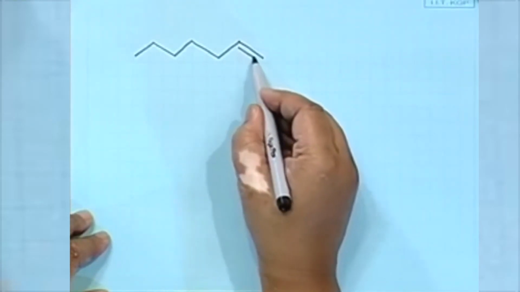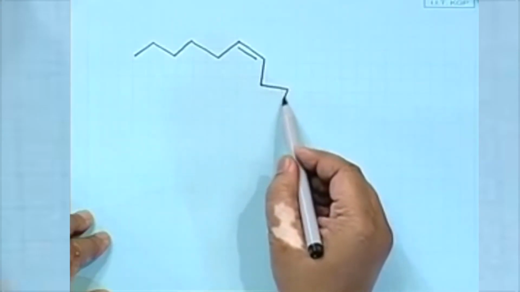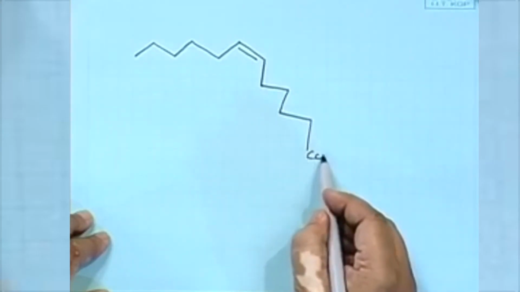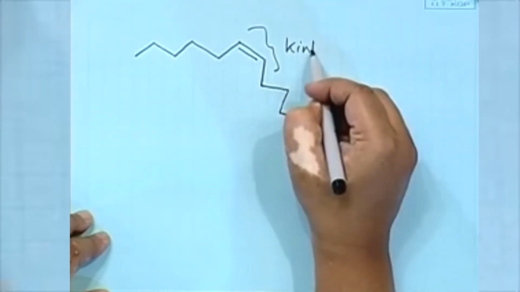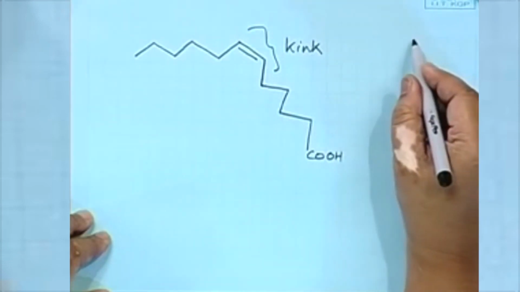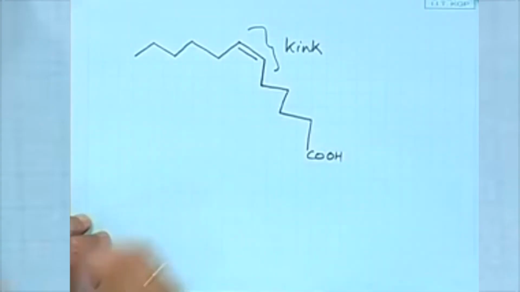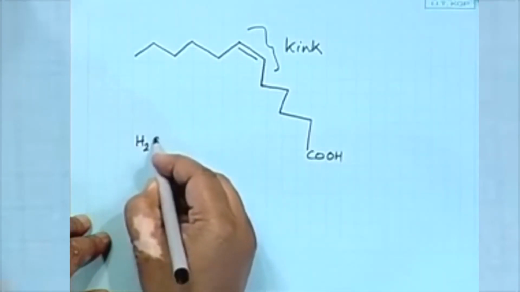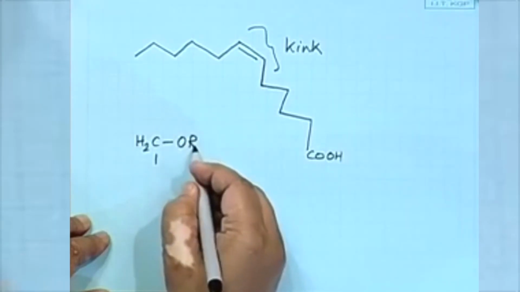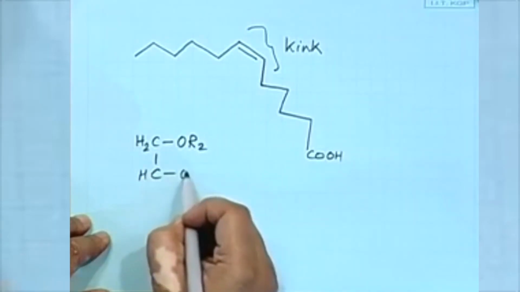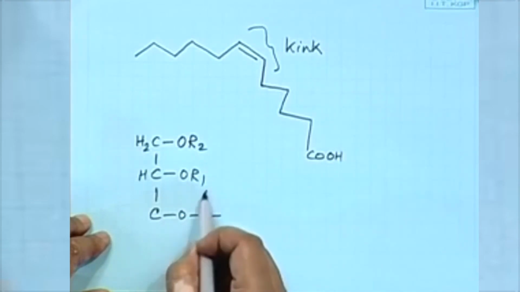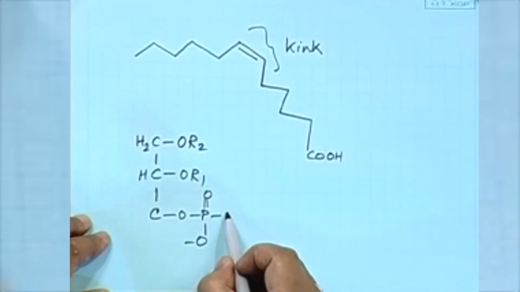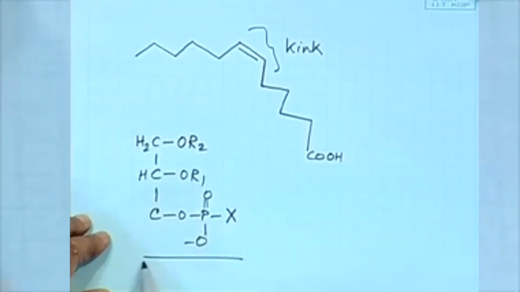As soon as we have this in a cis configuration, this changes the direction. Okay? As soon as this changes the direction, then what happens is I have what is called a kink. So, this gives rise to the kink in the structure, and I am going to have, therefore, in my glycerophospholipid, what do I have? I have an R2 here, I have an R1 here, and what do I have here? I have my phosphate and I have linked to this an X. So, this is my polar part.